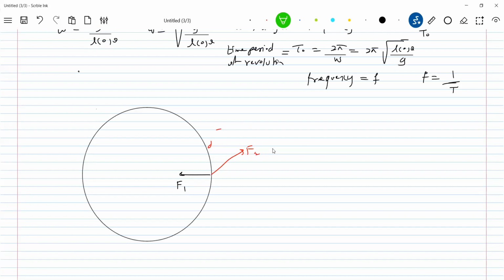Another force called F3 here. Now look at this. Which force will provide the centripetal force?